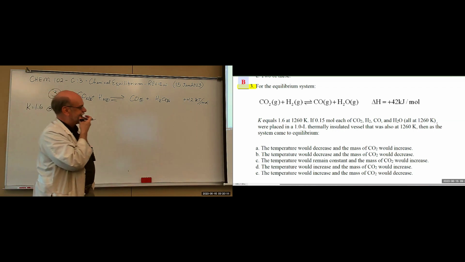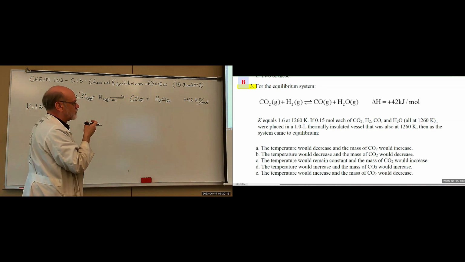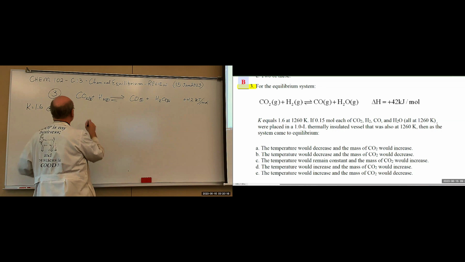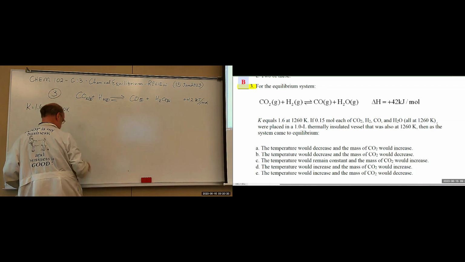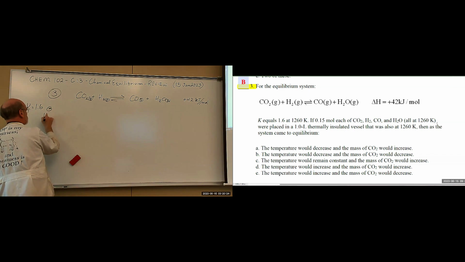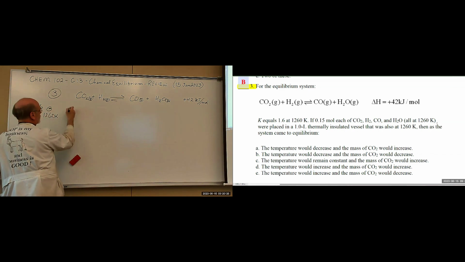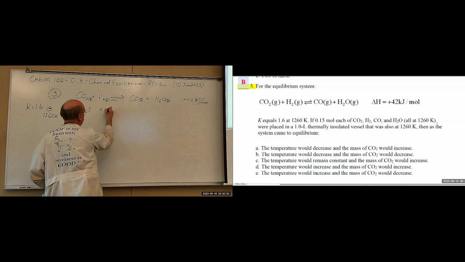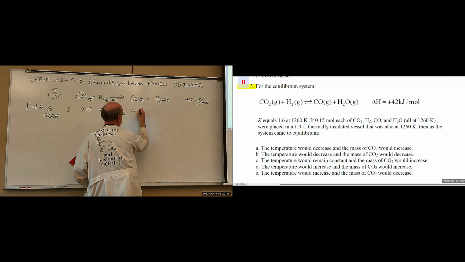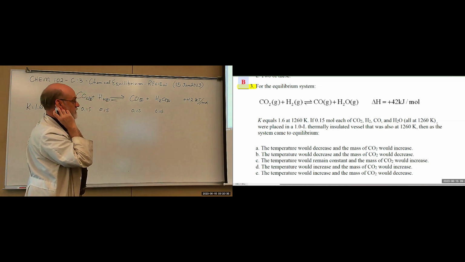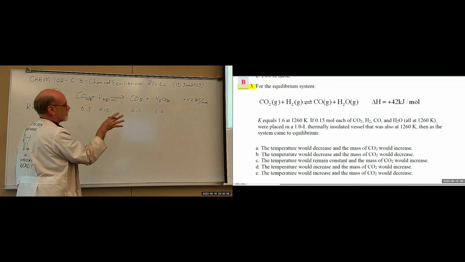All right. So if 0.15 moles each of reactants and products, so if initial concentrations are 0.15 molar for each one, okay, then what happens? That's moles per liter.